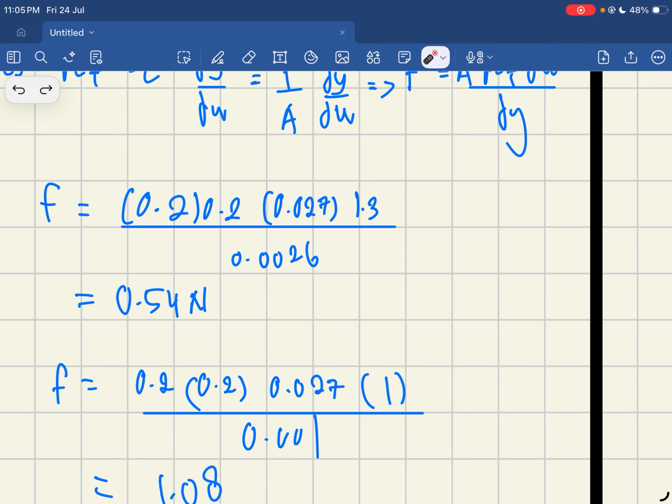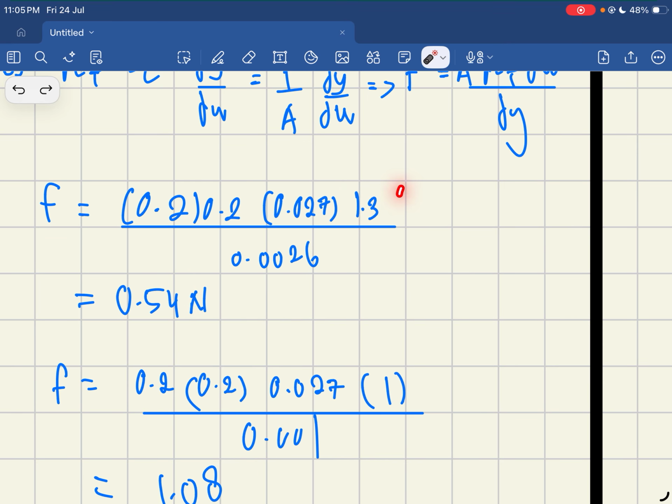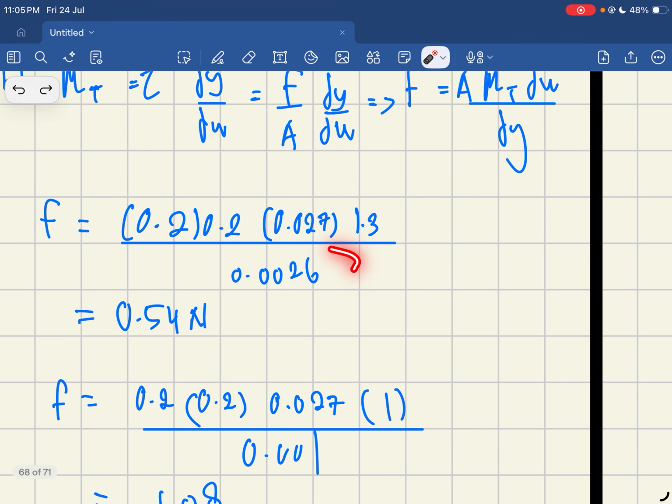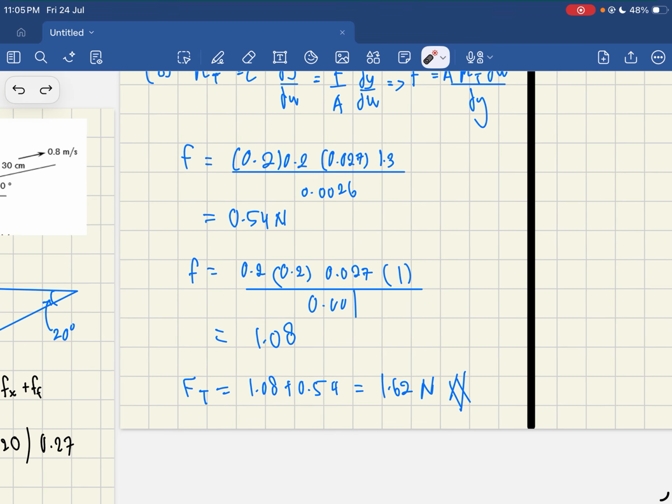So we are using the relative velocity for our velocity, and we were using dy, the distance between two moving plates, as our distance, so you will get 0.54 Newton.